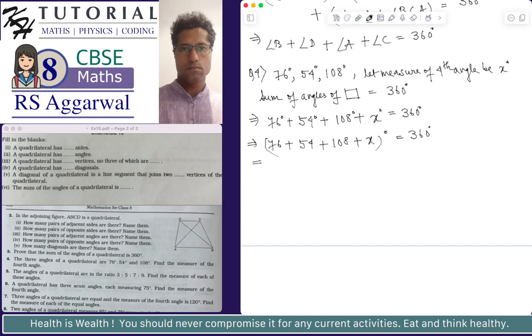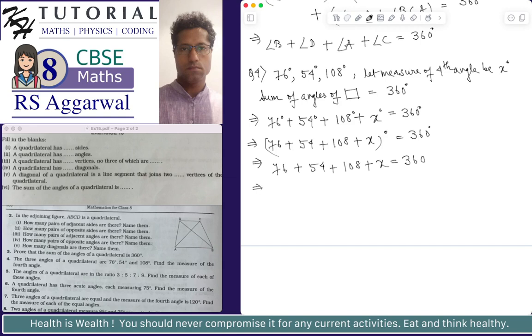Now we can ignore the degrees and equate the absolute values, and we have 76 plus 54 plus 108 plus x is equal to 360.